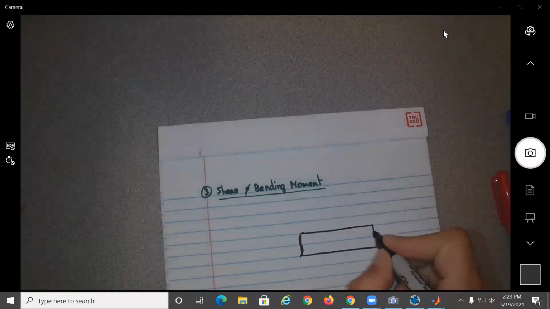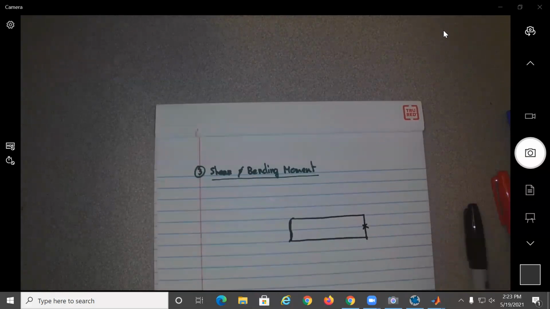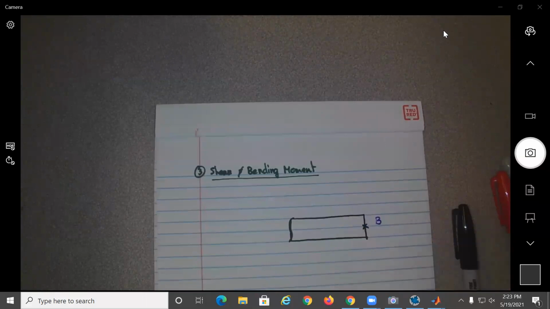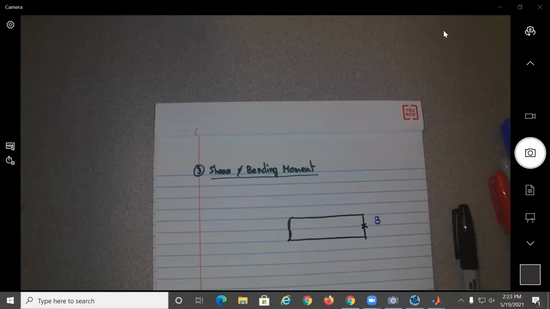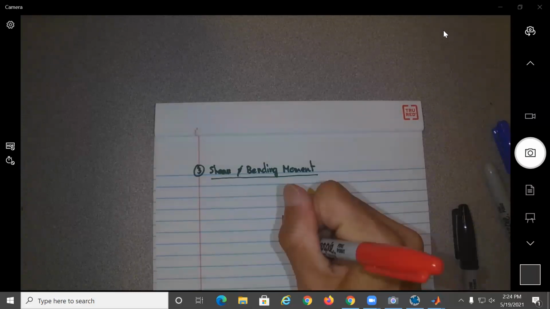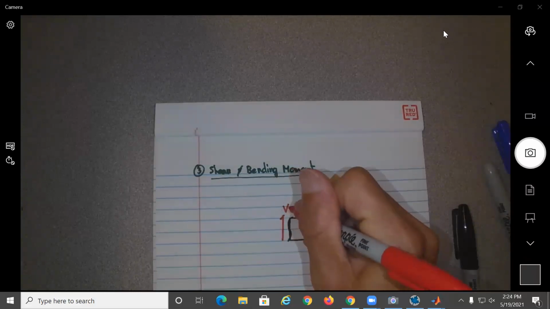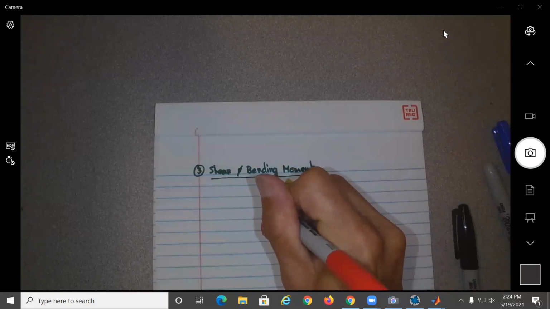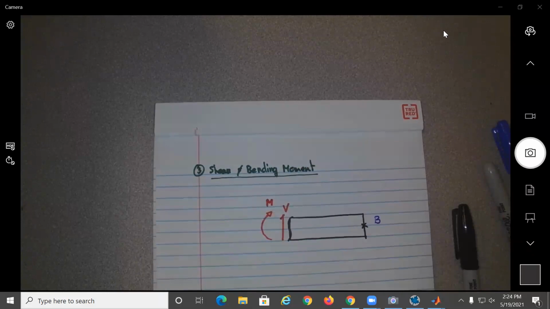This is our cut. This is point B. So we know we're going to have here shear V, a moment M.